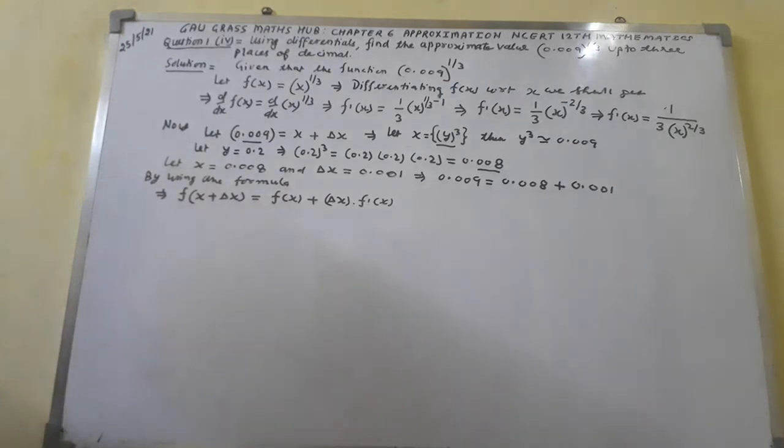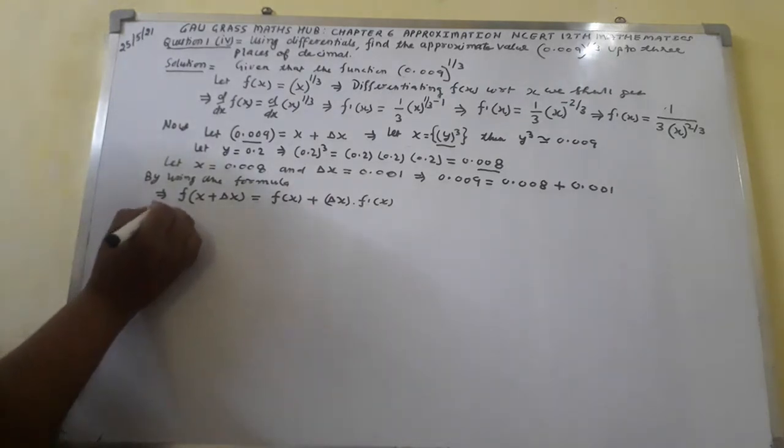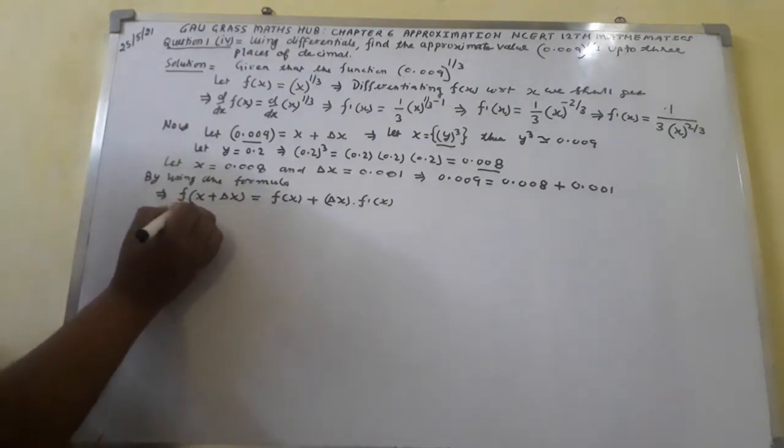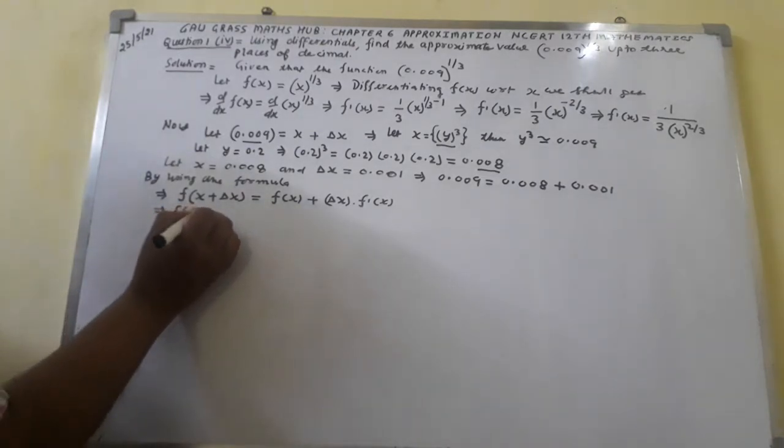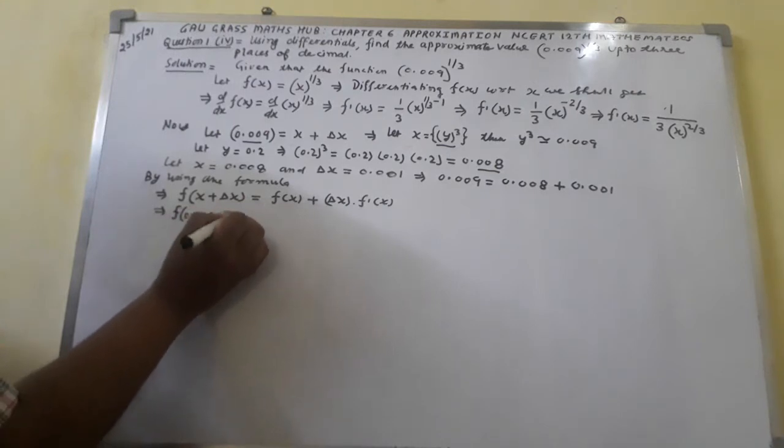This thing will be right. What to do next here? Here write f of, in place of x I shall write 0.008 plus 0.001.